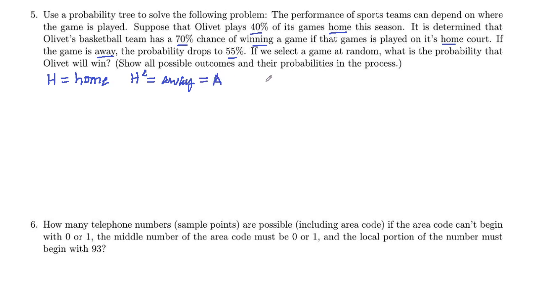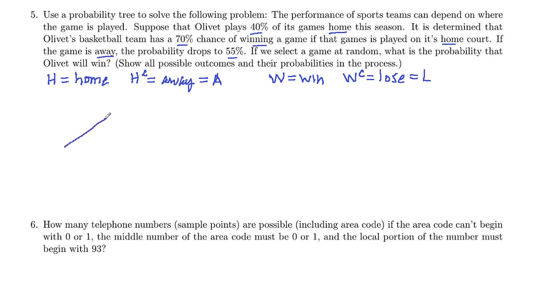And then we can either win the game or not win the game. So W is that we win, and W complement is we don't win the game, we lose the game. Let's represent that with an L.